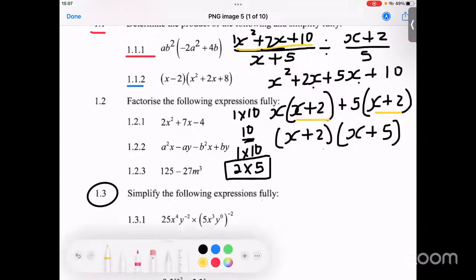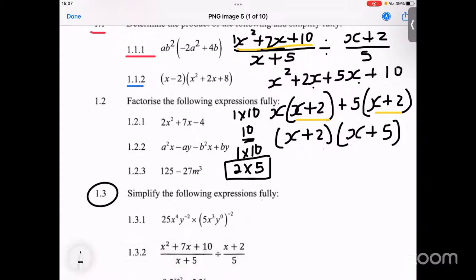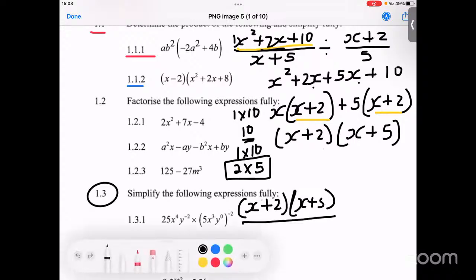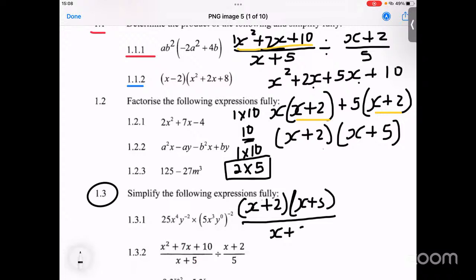then you take it out. So what you've just done, honorable member, is that now you are having that x plus 2 and x plus 5 at the top over this thing at the bottom, even though it's not inside the bracket, but it's x plus 5.